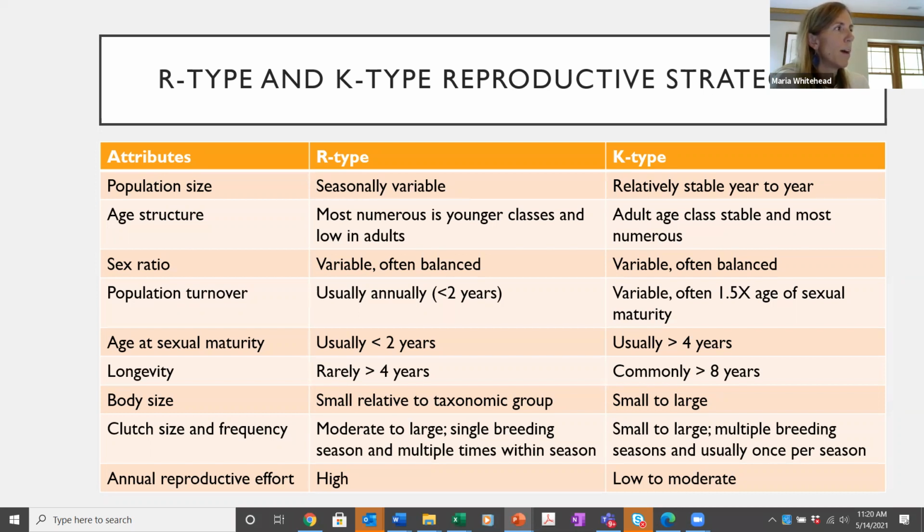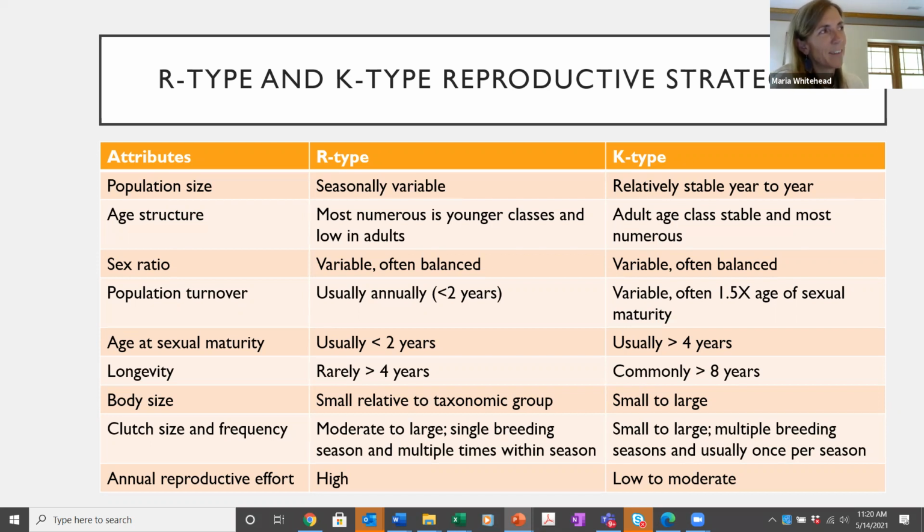They generally have a relatively small body size, and their clutch size and frequency is moderate to large. So quite a lot of offspring, but that often leads to less direct parental care of their offspring. Their annual reproductive effort tends to be high.